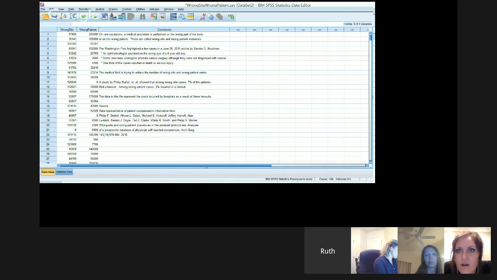What is the standard deviation? 16. This is information. You know what? I'm going to have to get off of this part of my computer.